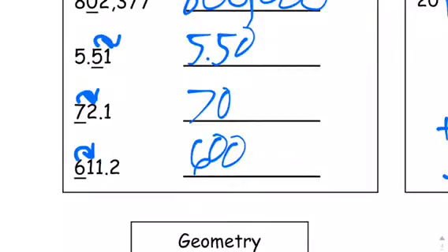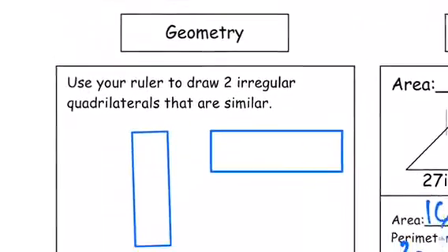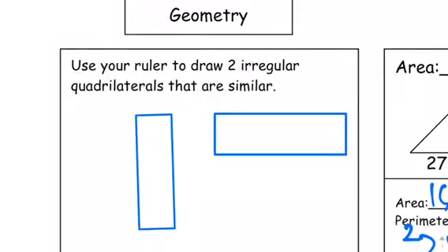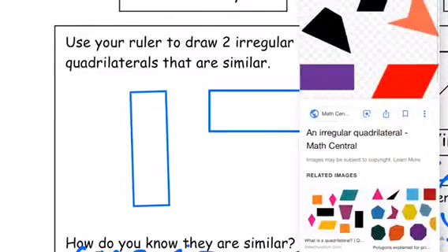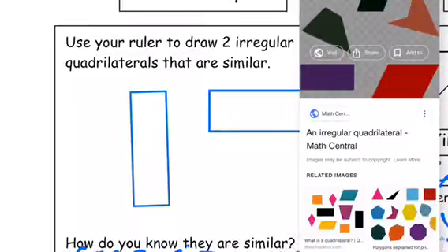Eli. Number 7. Okay, you're going to use your ruler. Draw 2. Keyword here, irregular quadrilaterals. Your irregular ones you're going to look at mostly.